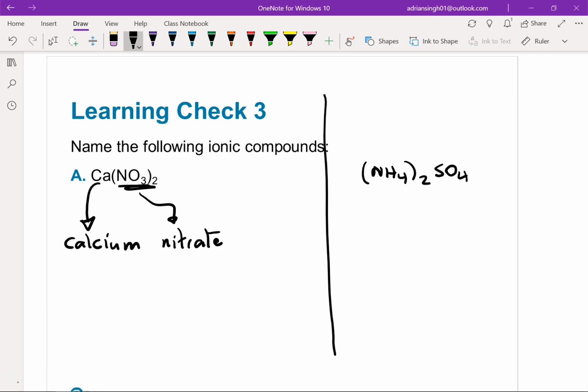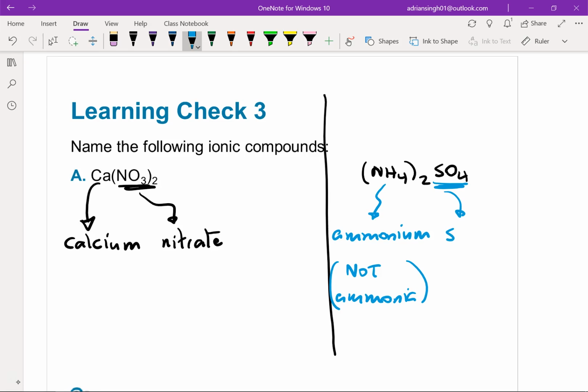So in this case, you have the NH4, and you have to recognize that as ammonium, and that's ammonium, not ammonia. They're very different things. So NH4 is ammonium, and then you have to recognize this SO4 as sulfate. So that's ammonium sulfate.